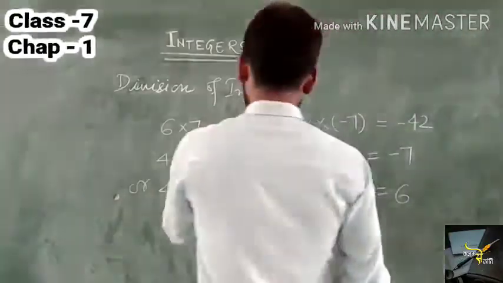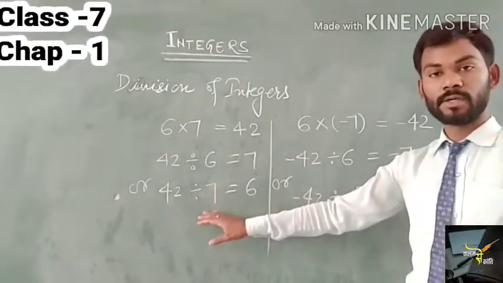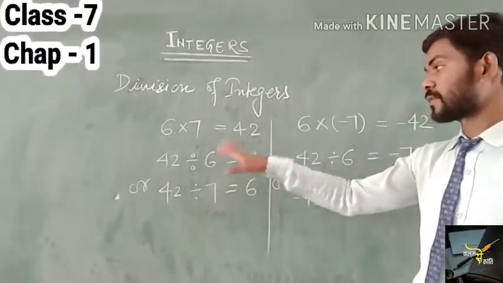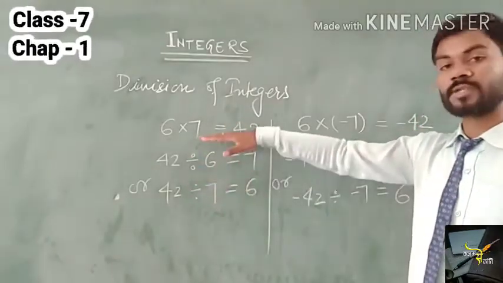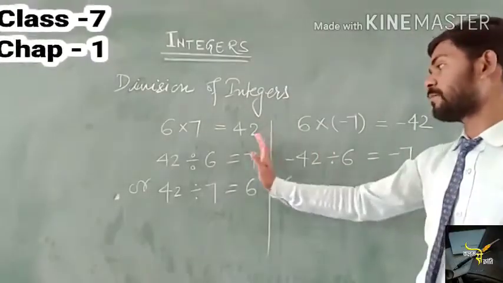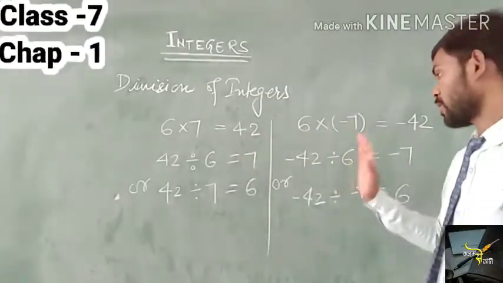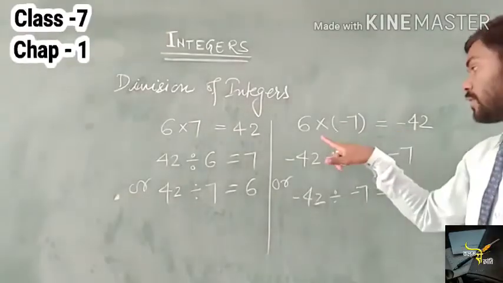So in both conditions, in the condition of whole number, the division of whole number is the reverse process of multiplication. Similarly, the same condition also holds in terms of integer.